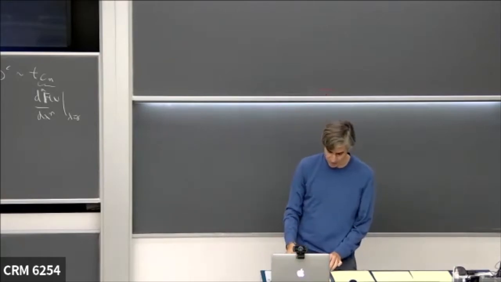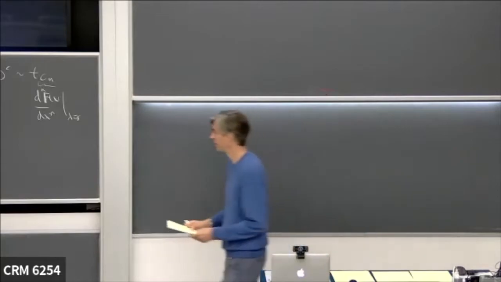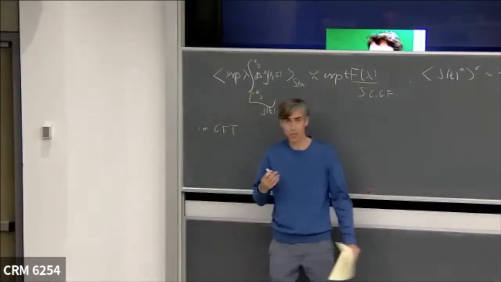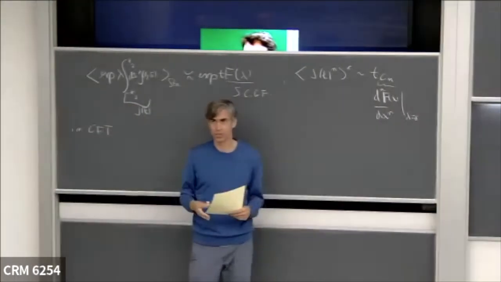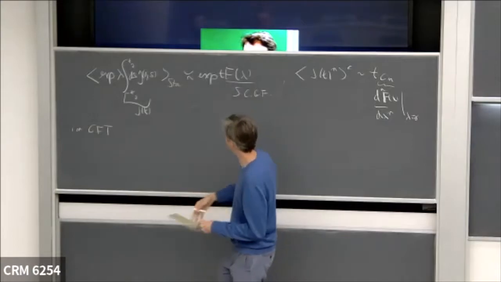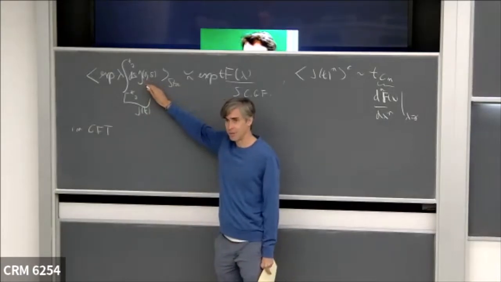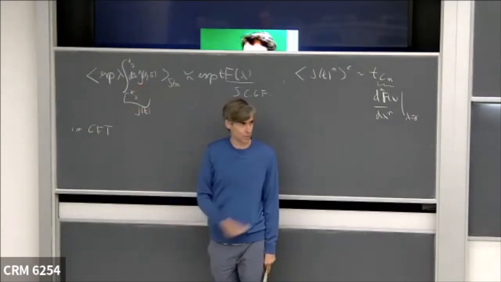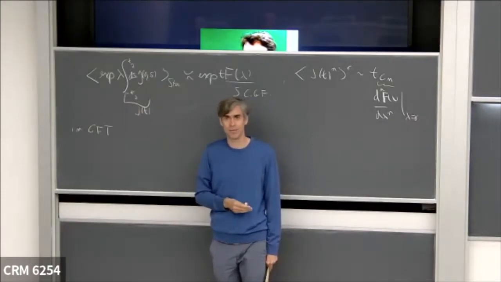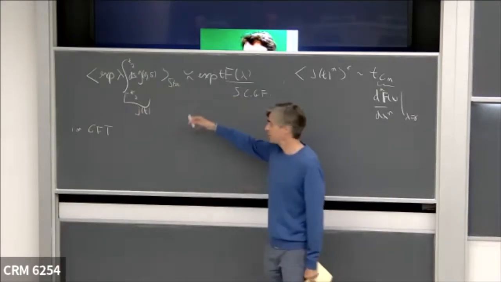Then I calculated explicitly this F of lambda in CFT for energy transfer. I just calculated it by putting here T minus T bar and evaluating the average using a free energy type of idea. In the end, it was just a difference of free energy.